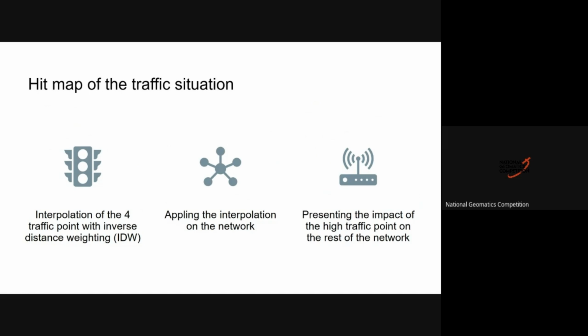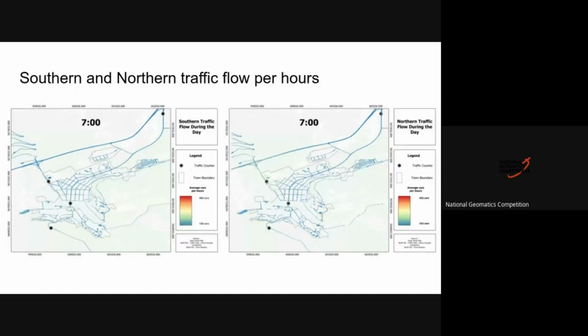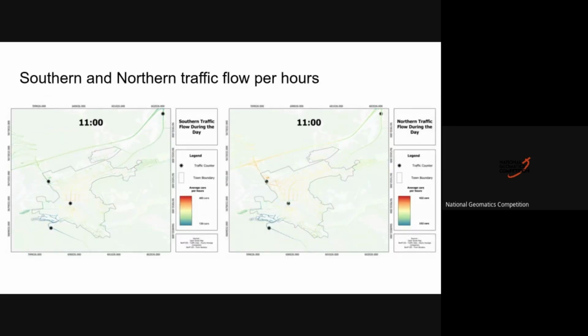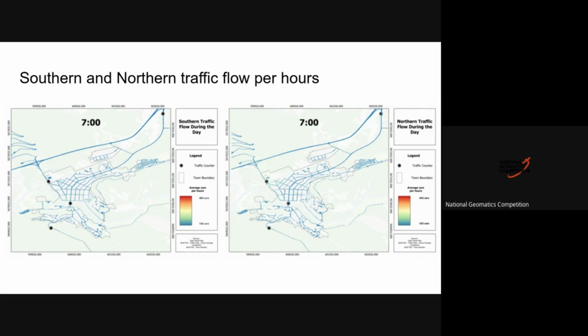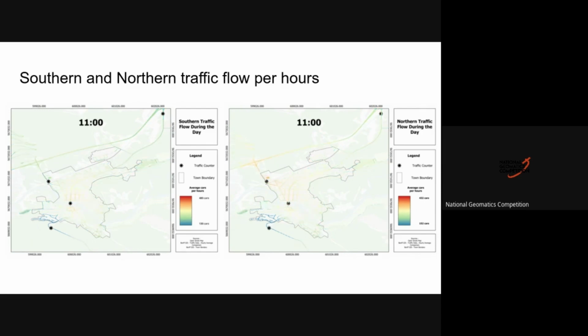It assumes that closer points have more influence than farther points. So we took the hourly averages of the numbers of vehicles and extrapolated them to the Banff road network. As you can see, it creates a little animation, quite satisfying to watch.